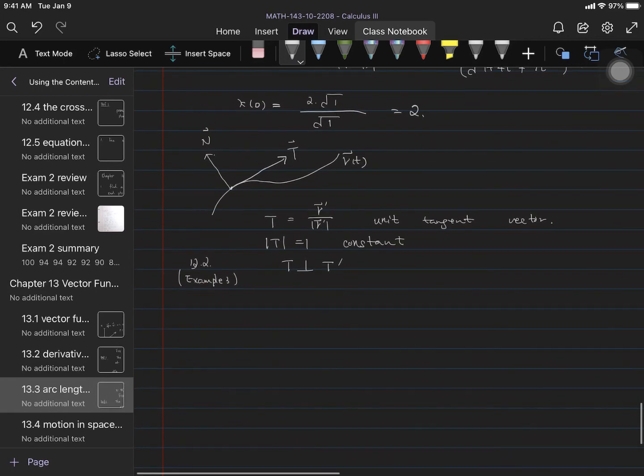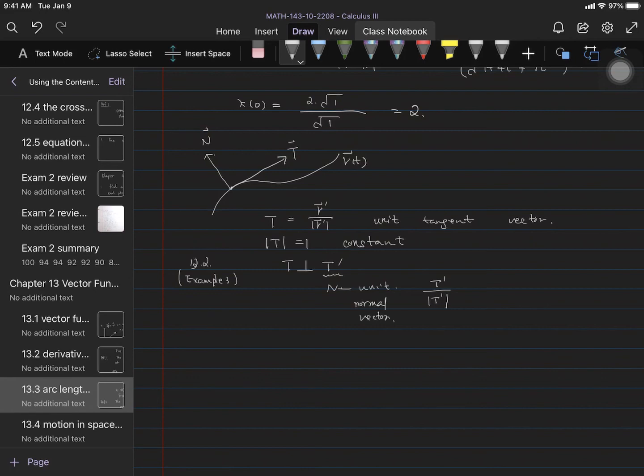Okay, then how to find the normal vector? The normal vector is the vector that's perpendicular to the vector T, so we just choose this vector to be the N vector. But same as the unit tangent vector, we want this to be a unit vector. So we just use the T prime vector divided by its length. And that's the definition for the unit normal vector.